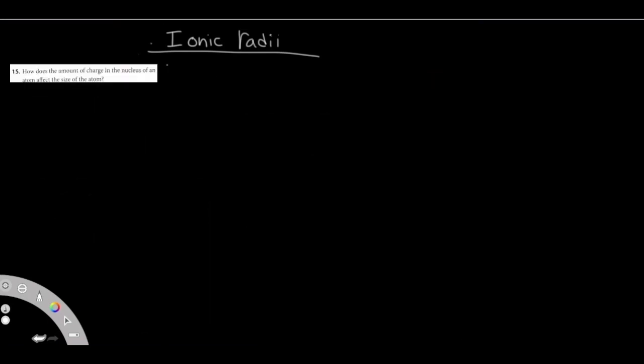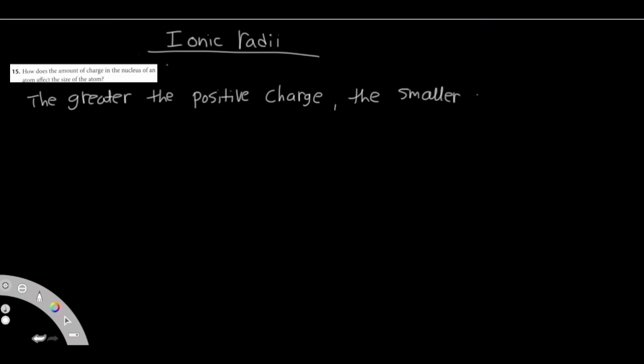Let's look at a few examples. How does the amount of charge in the nucleus of an atom affect the size? We've established the greater the positive charge, the smaller the ion will be.